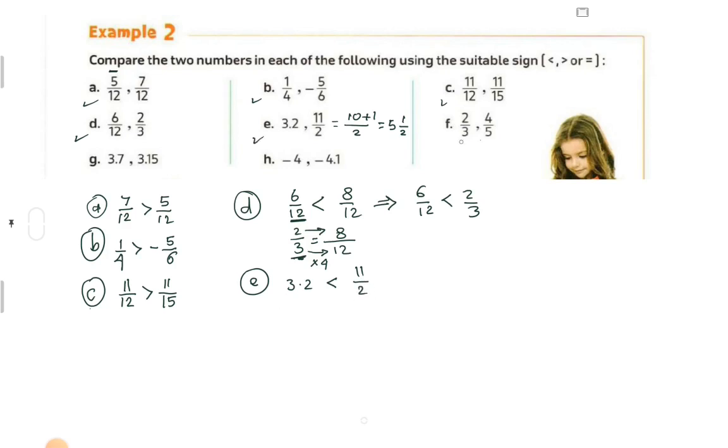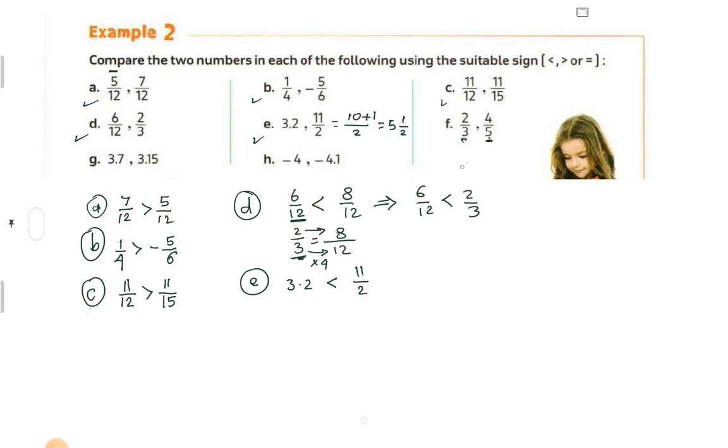Okay. Point F, 2 over 3 and 4 over 5. There is no like denominator or like numerator, 3 and 5. To find the common multiple between 3 and 5, we know that 3 and 5 are prime numbers, so we need to multiply them. 3 times 5 is equal to 15.